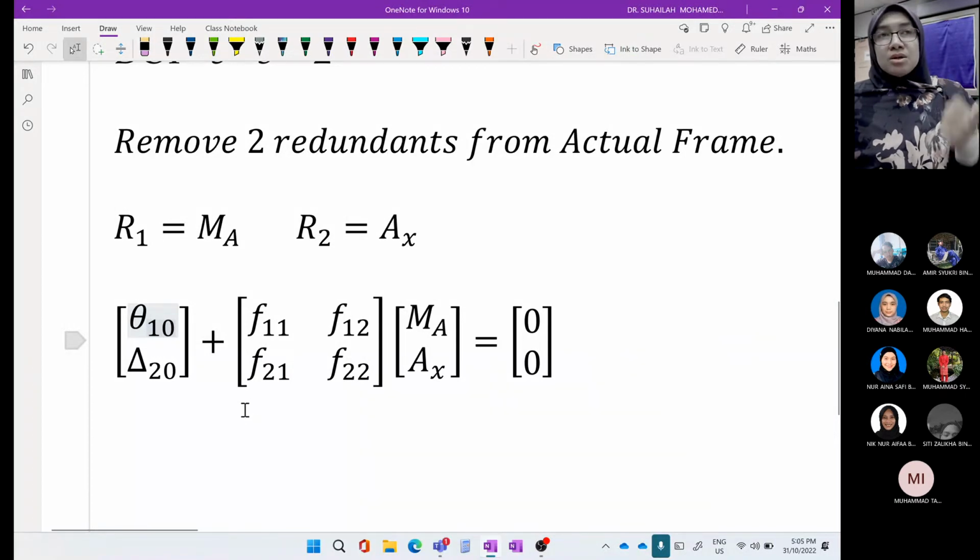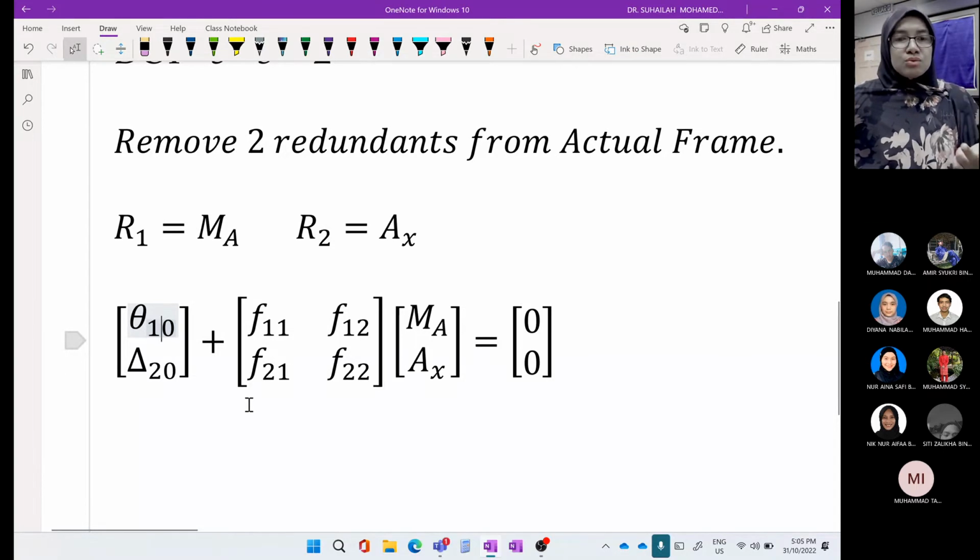Right? 0 is always for the primary system, the not symbol, the zero symbol. 1 is for redundant number 1, 2 for redundant number 2. So from this we already know the displacement formula.